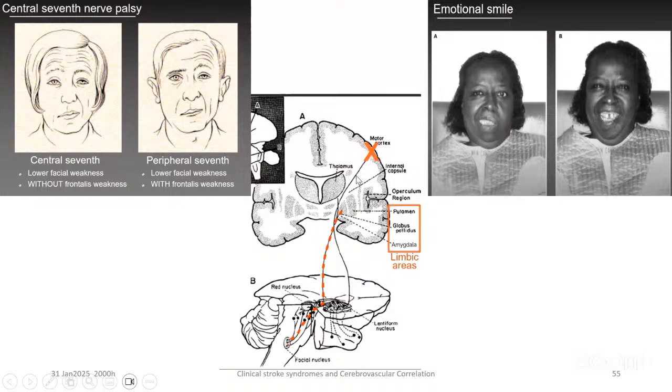From there, these supranuclear fibers come down and also control the facial nucleus. Suppose you have a problem only in this area, that is called mimic facial palsy. Otherwise, these people, if this area is involved and you ask them to smile, they'll smile, but still their face is deviated to one side.